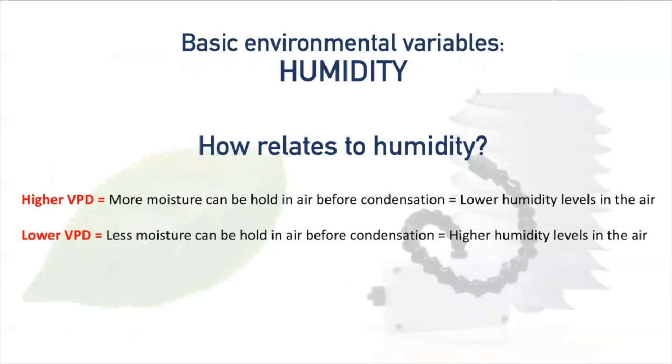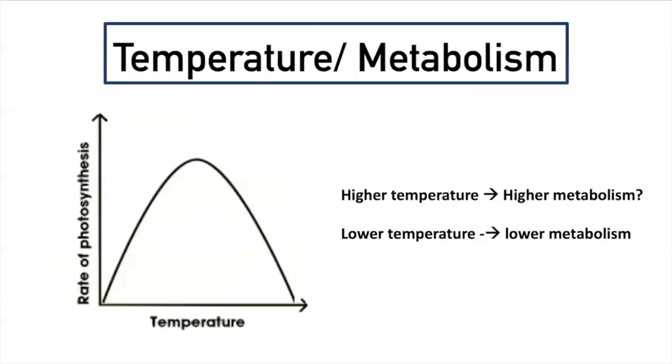Remember, humidity requirements are crop specific. High and low humidity levels can affect the crop health. So it's always important to check the requirements for your crop and to pay attention to all the variables that can also affect transpiration. VPD is calculated based on relative humidity and temperature, meaning that temperature can also affect transpiration and of course also crop development.